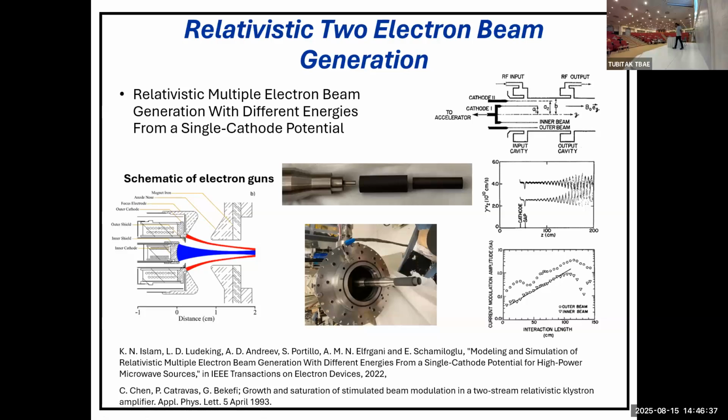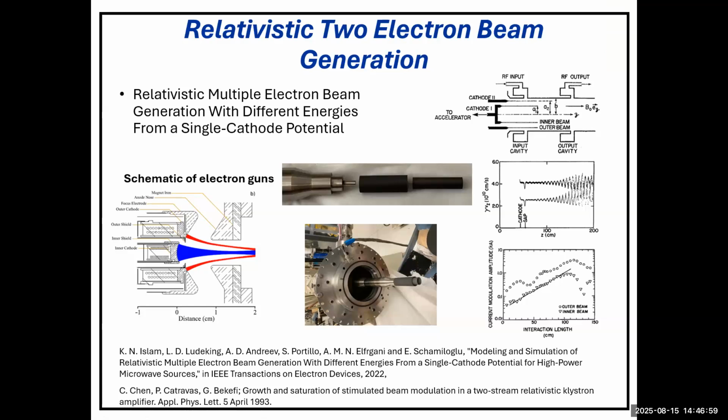So for low power helix traveling wave tube, you can have two power supplies to control the voltage applied between the anode and each one of these cathodes, or two or more. But for our high power accelerator, you only got stuck with one voltage applied between cathode and anode.